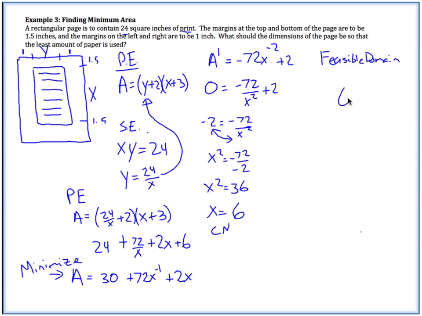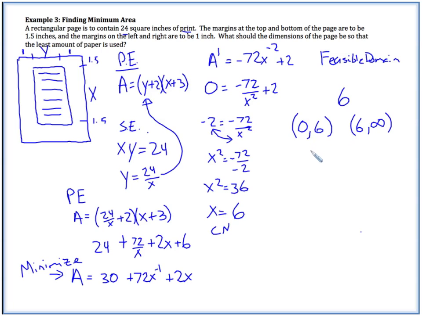So really, we're just going to test on the left of 6. So x really can't go below 0. Okay, so we're going to test somewhere in here. And then the maximum would be pretty much anything, because y could go down to 0 as well. So in this case, we'll just get this.